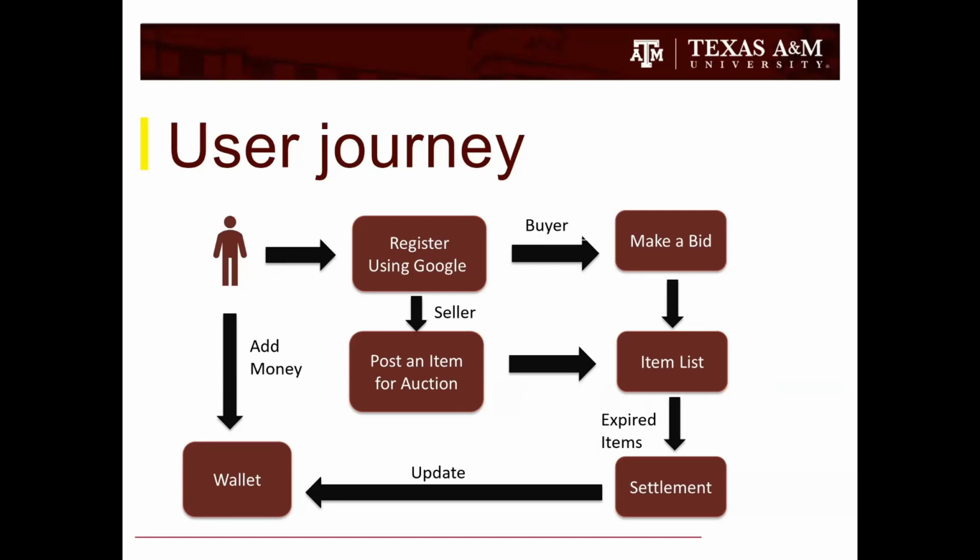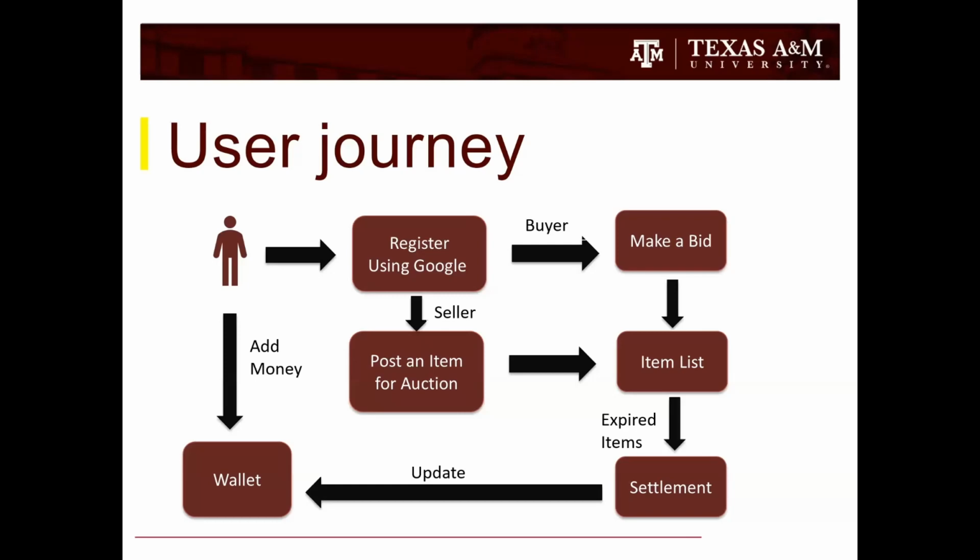The seller will then be presented with an option to add new items for auction. If the user is a buyer, he will be taken to the buyer's view of the auction block. The buyer will be able to make bids on the items.